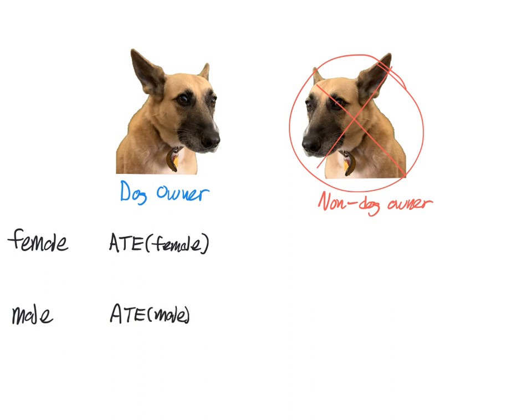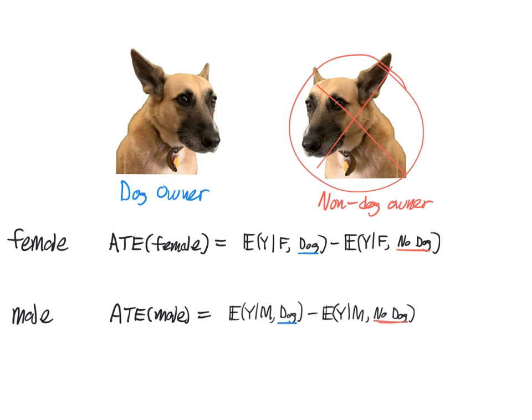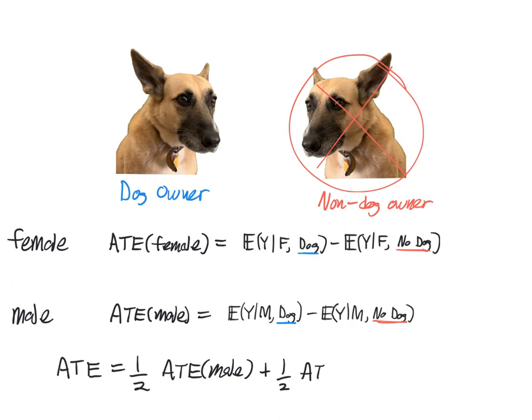One for women, comparing the average lifespan of female dog owners to that of female non-dog owners, and another for men, comparing the average life expectancy of male dog owners to that of male non-dog owners. To obtain the unconditional average treatment effect, we average these 2 conditional average treatment effects with weights that reflect the relative shares of men and women in the population.